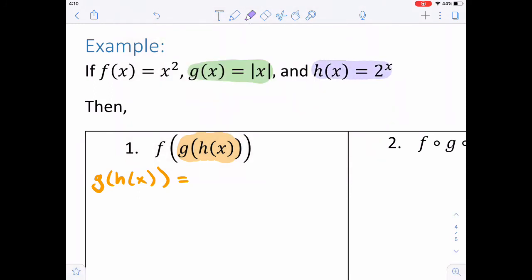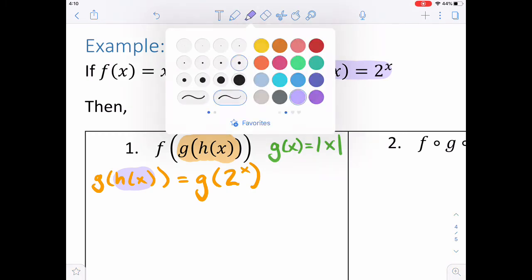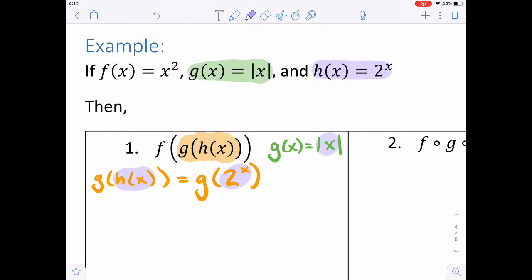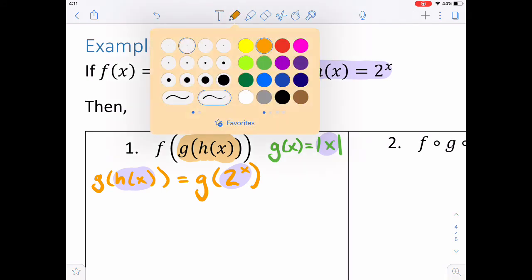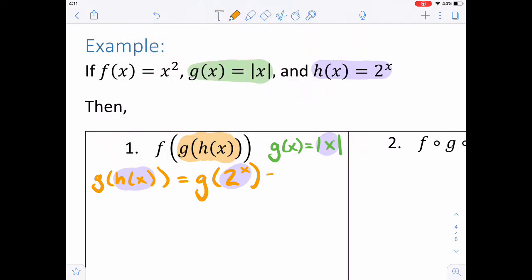Let's do purple. So I can go ahead and translate this h. This is g of 2 to the x. So that means I'm going to put 2 to the x everywhere there's an x in g of x. Well, this is g of x. So that means that this 2 to the x is going into this x. So that means that this is the absolute value of 2 to the x.